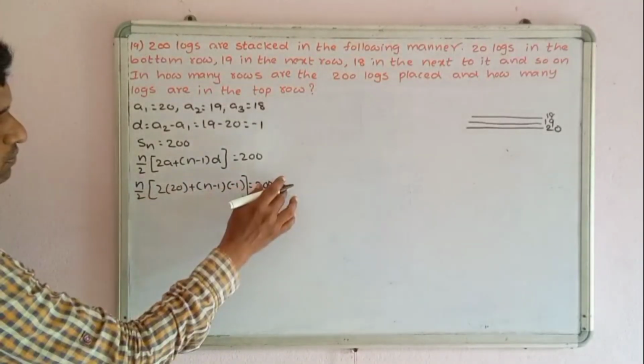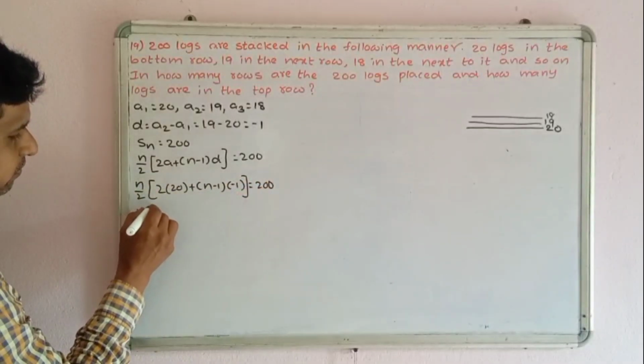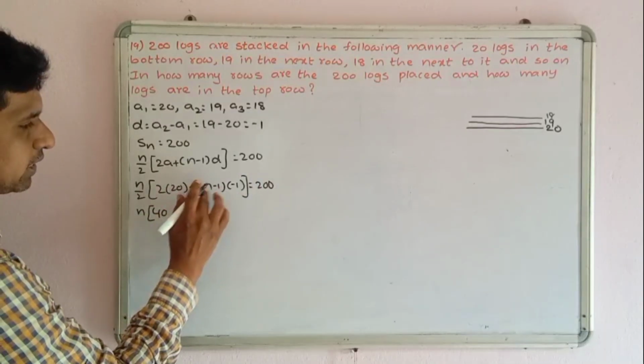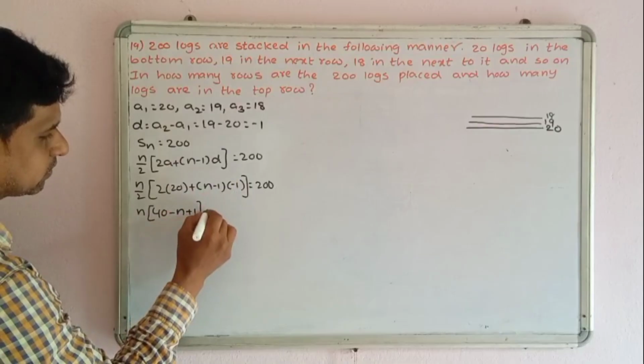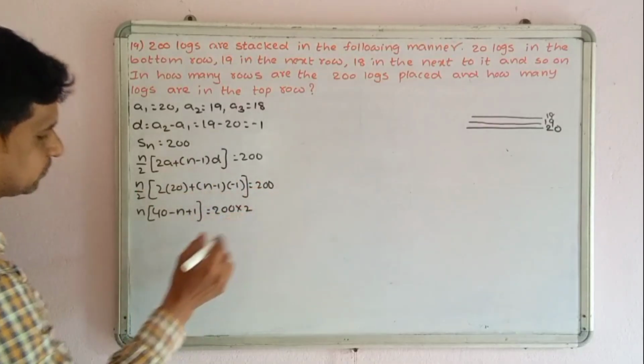So 2 transposes to the right side, multiplying with 2.